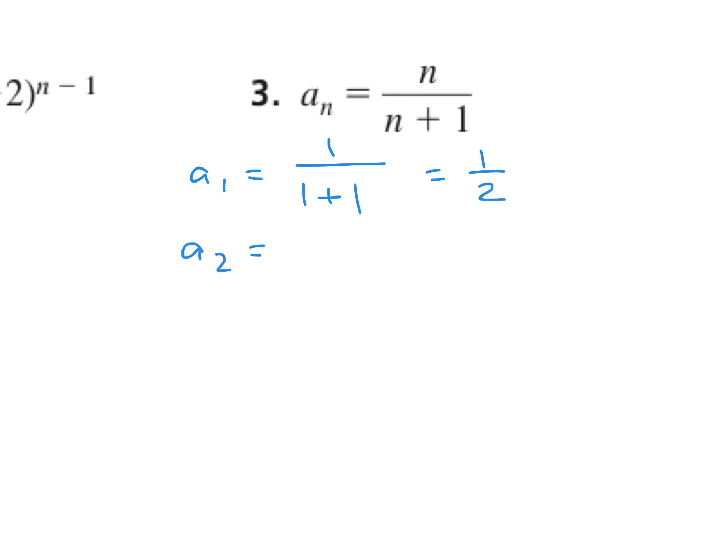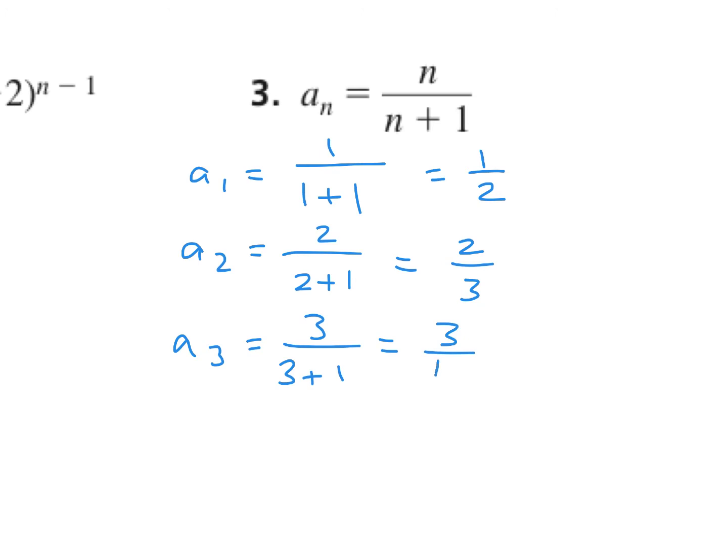Next, we're going to plug in 2. So we plug in 2 for all of our n's. What would this be? 2/3. Next, we have a sub 3. So we plug in 3 for all of our n's. What do we get? 3 over 4. Next, we plug in 4.